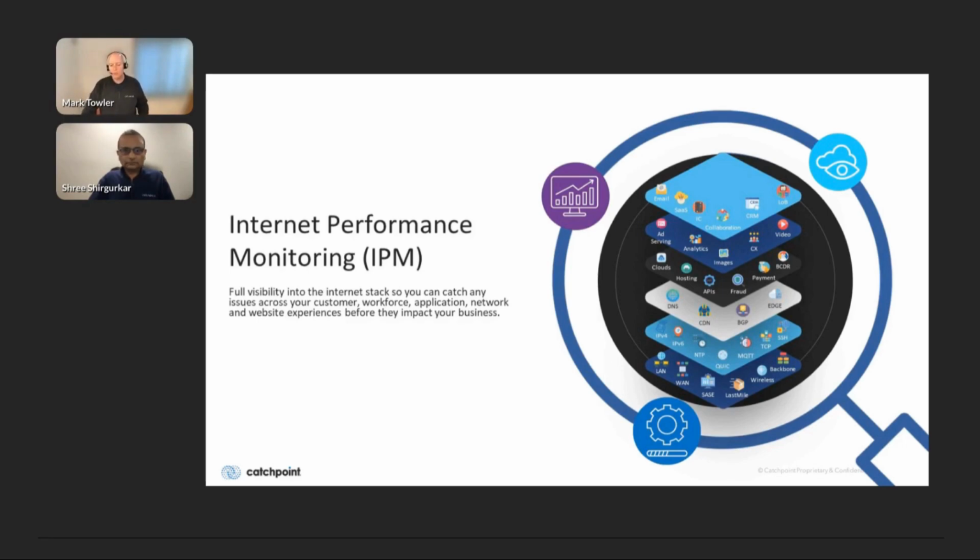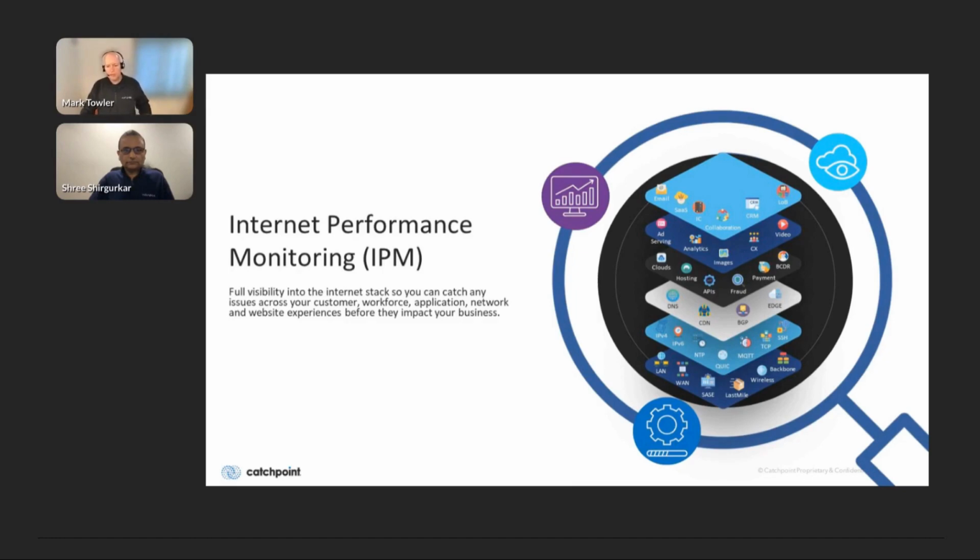The way we do this is we monitor everything in that internet stack, and that stack's there on the right. It goes from your applications and services right there at the top through all the multiple different layers of the internet all the way to that last mile where your users are. And in between, you've got ad serving, you've got protocols, you've got services like CDNs and BGP. It's all very complicated and it's all constantly changing, and that's where we provide the value.